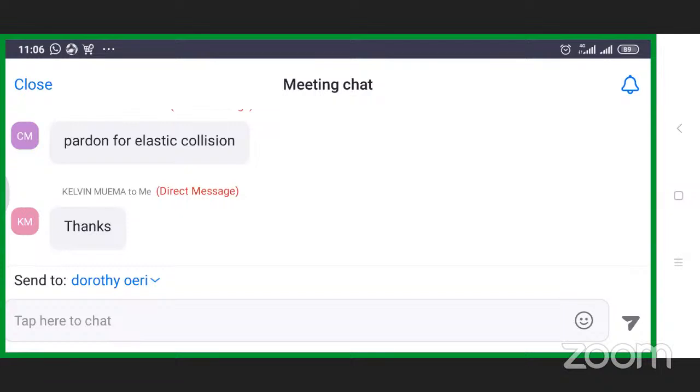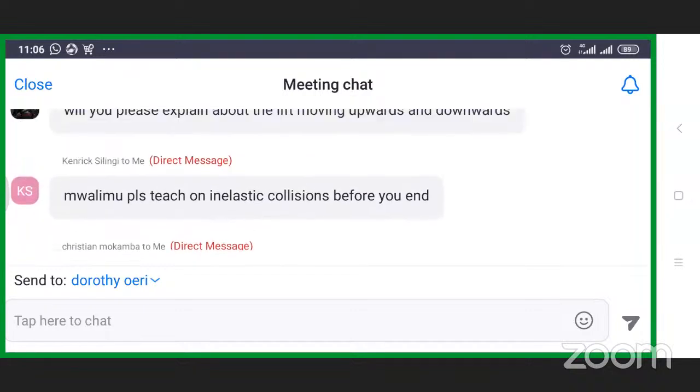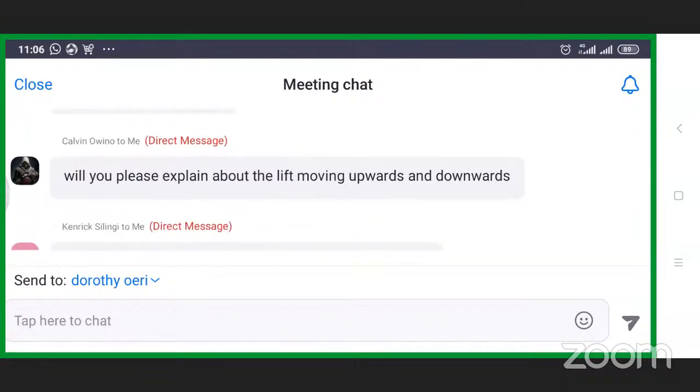When the lift is moving upwards, you add the accelerations so that you can get a much greater reaction than you normally feel. When the lift is moving downwards, you normally feel lighter. So you take the difference of the two accelerations. That is the gravity minus the acceleration of the lift. When the lift is at rest, the reaction is just the normal weight, that is mg. So that is the idea of the lift.